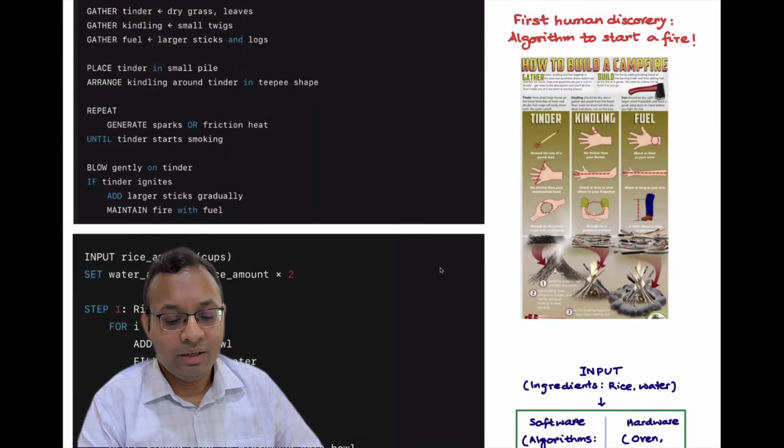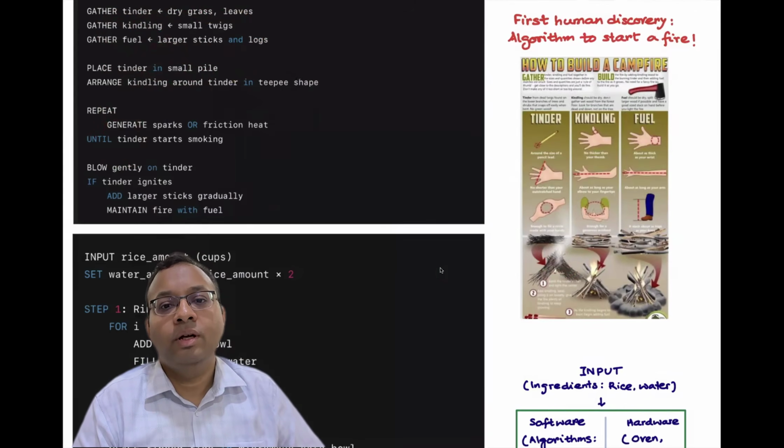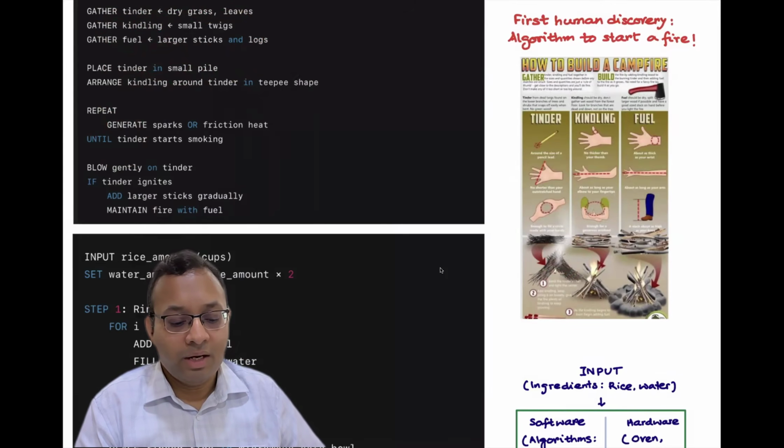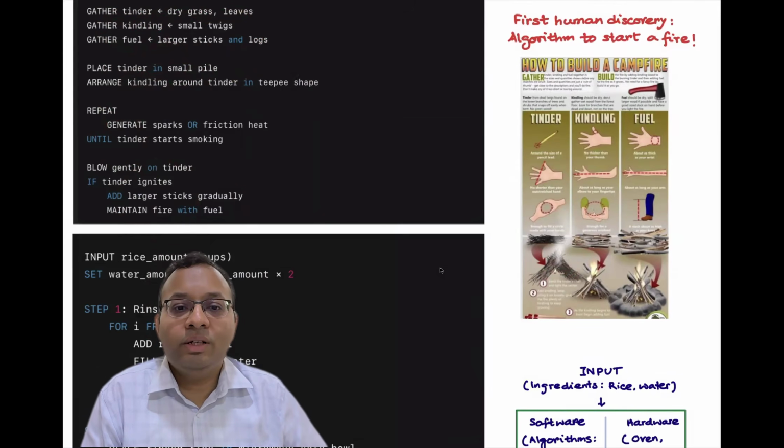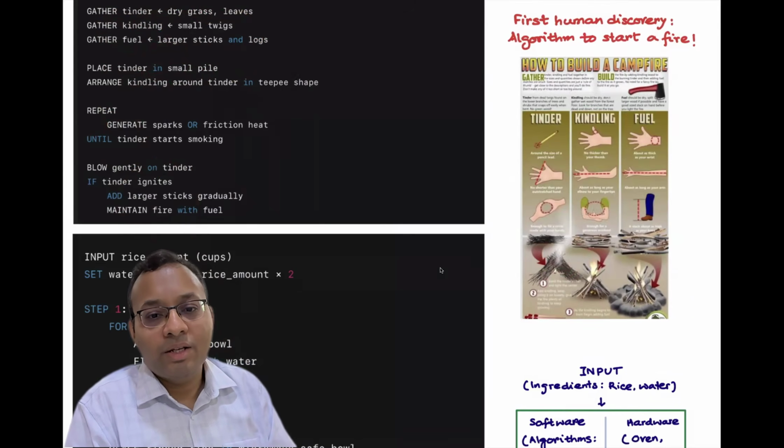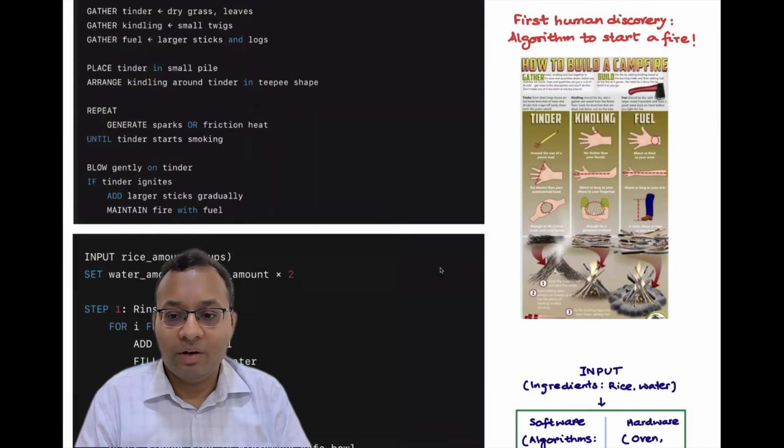You arrange kindling around it in a teepee shape, like this kind of shape. And then you repeat this loop: generate sparks or friction heat until tinder starts smoking, and then blow gently on tinder. If tinder ignites, add larger sticks gradually and maintain fire with fuel.